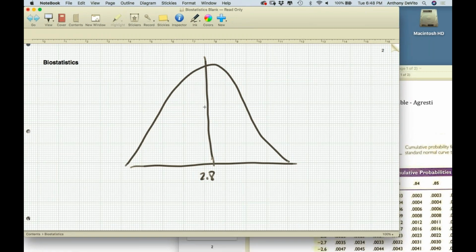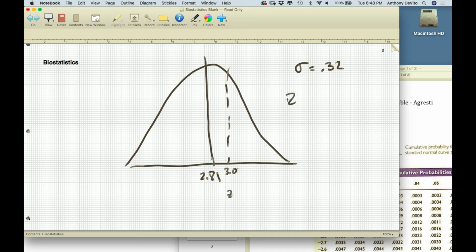2.81, and what was the standard deviation? 0.32? 0.32. Okay, and we're interested in what percentage of students had a grade point average in this population above 3.0. So we need to figure out what the Z-score is that represents this value 3.0.